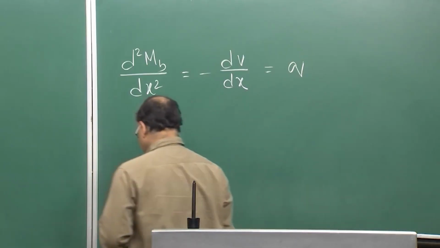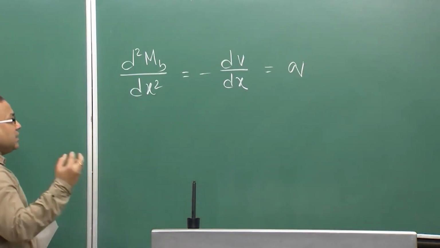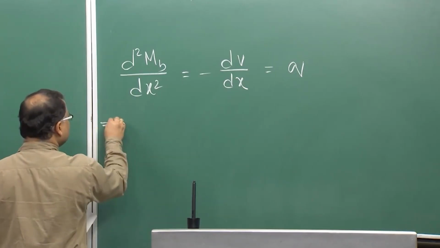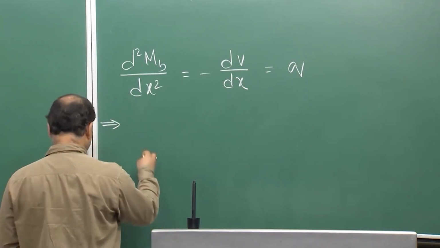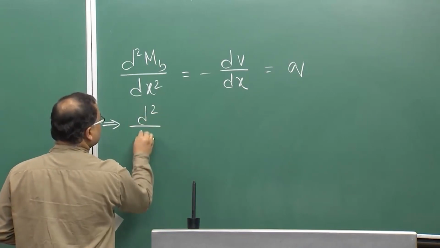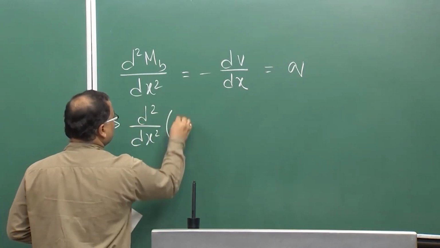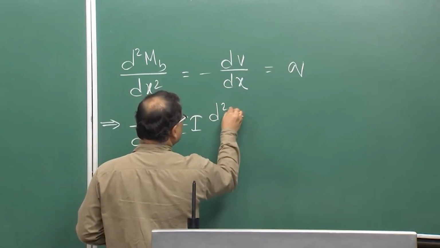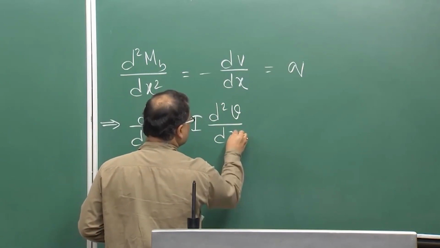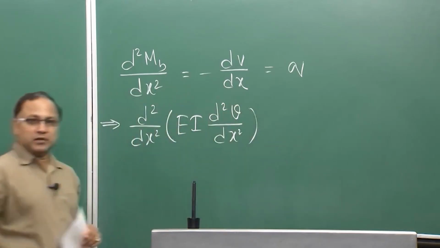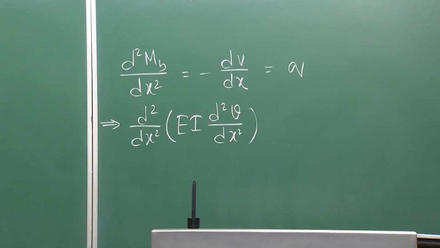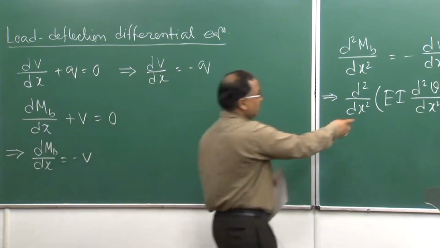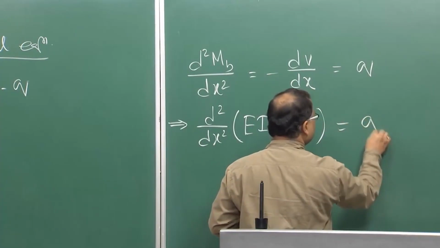In the last lecture, if you recall, in place of M_b we can write EI d2v/dx2, where v is the deflection from the neutral axis. That we already established, so we have this relation. That is equal to q.